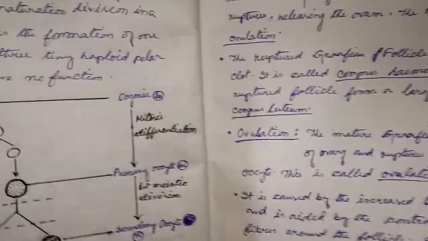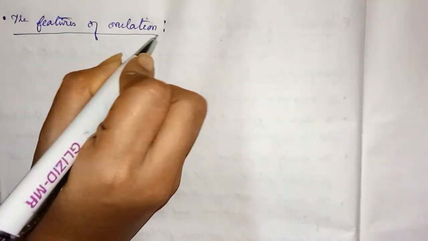Here are some features of ovulation. So now students, the features of ovulation. The ovum released is in secondary oocyte stage.